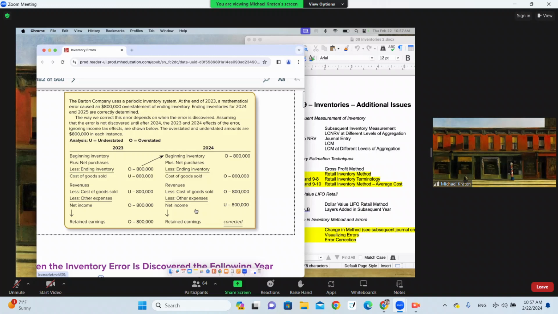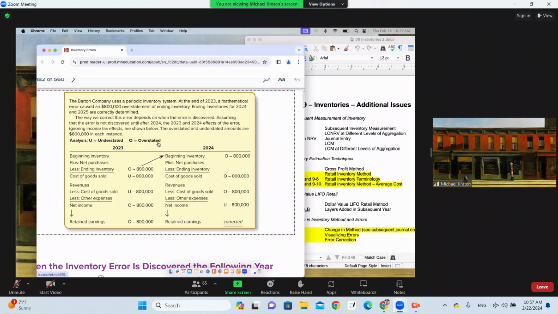Okay, so what is this chart telling us? We were using the estimation process to estimate what ending inventory at the end of last year was.